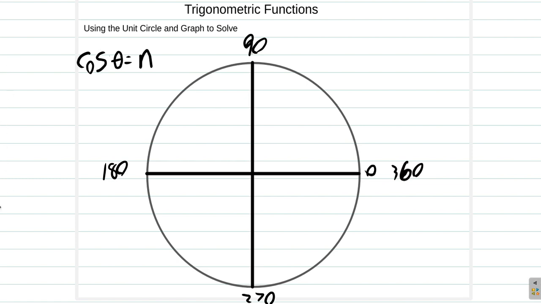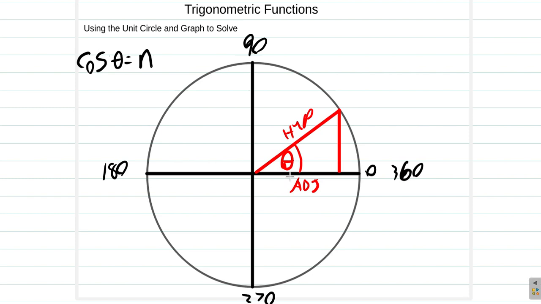Now, the cosine. Let us draw a triangle. This is our triangle. This is theta, the angle theta. The cosine is the adjacent divided by the hypotenuse.